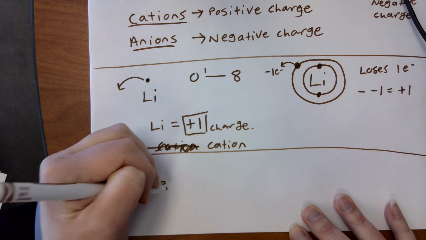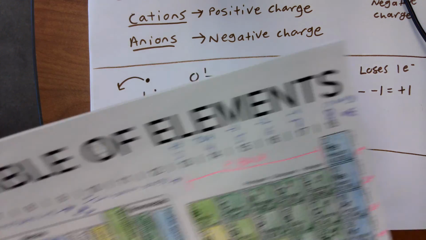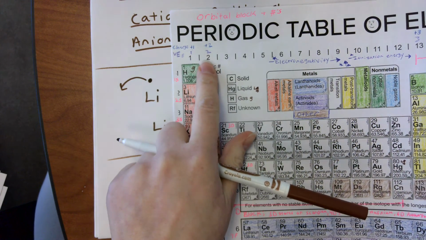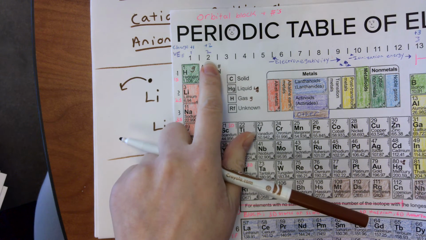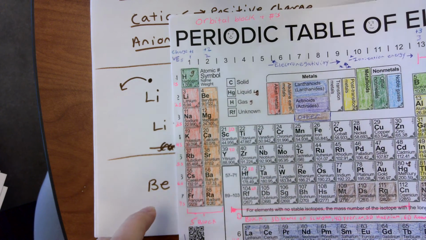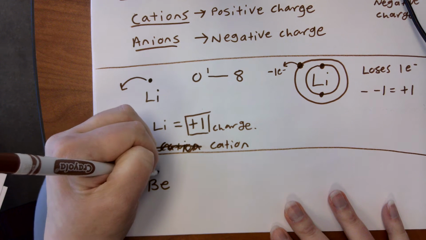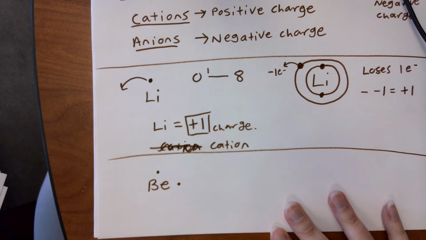Beryllium, according to where it is on the periodic table, has 2 electrons in its valence shell. So we put 1, 2.